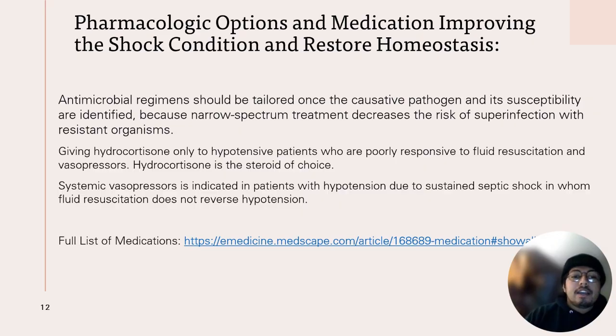Or give hydrocortisone only to hypotensive patients who are poorly responsive to fluid resuscitation and vasopressors. So hydrocortisone would be the steroid of choice for that. Systemic vasopressors are indicated in patients with hypotension due to sustained septic shock, and again, to reverse the hypotension when fluid therapy does not. This shows here a fuller list of medications that it's too much to get through.